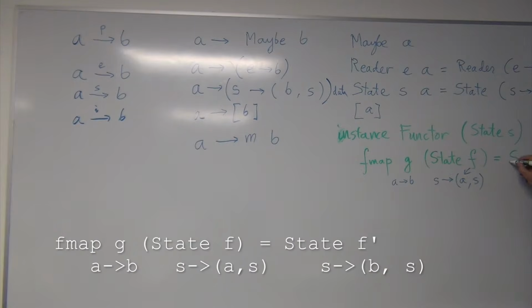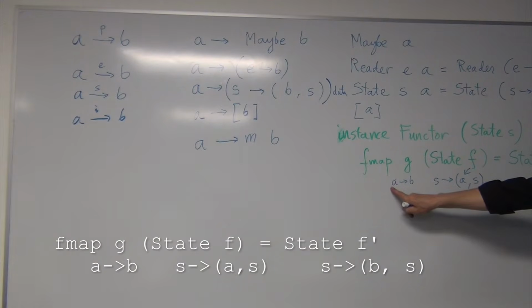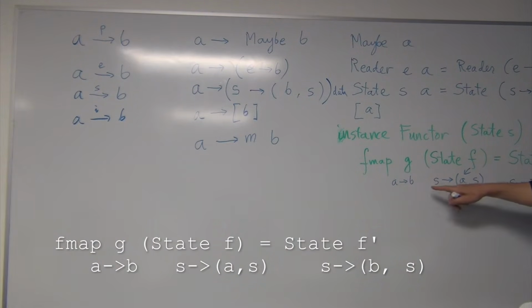So it has to return a state, and to construct a state I need a function. Let's call it f prime. What's the type of this function? The type of f prime is, again, s, but here we put b, because we have a function from a to b, so it will turn state s a into state s b.